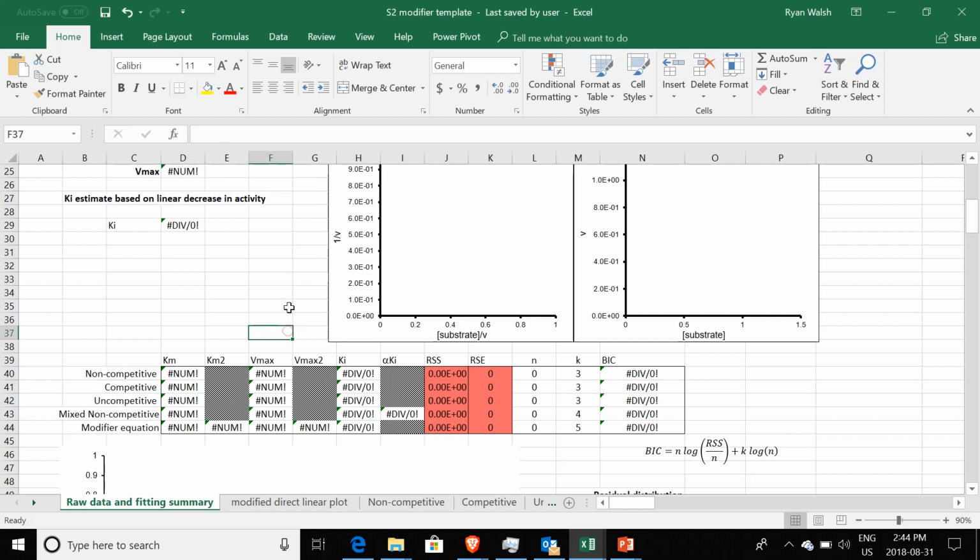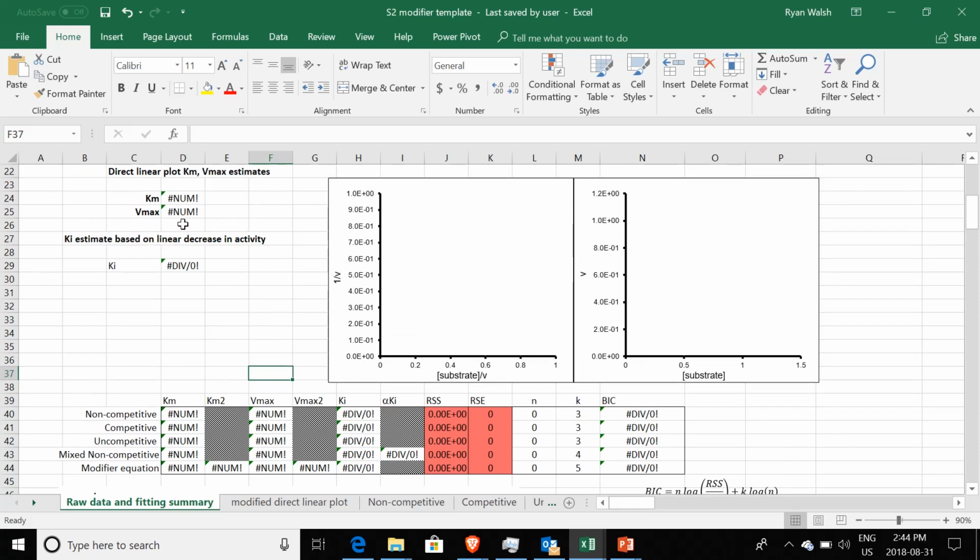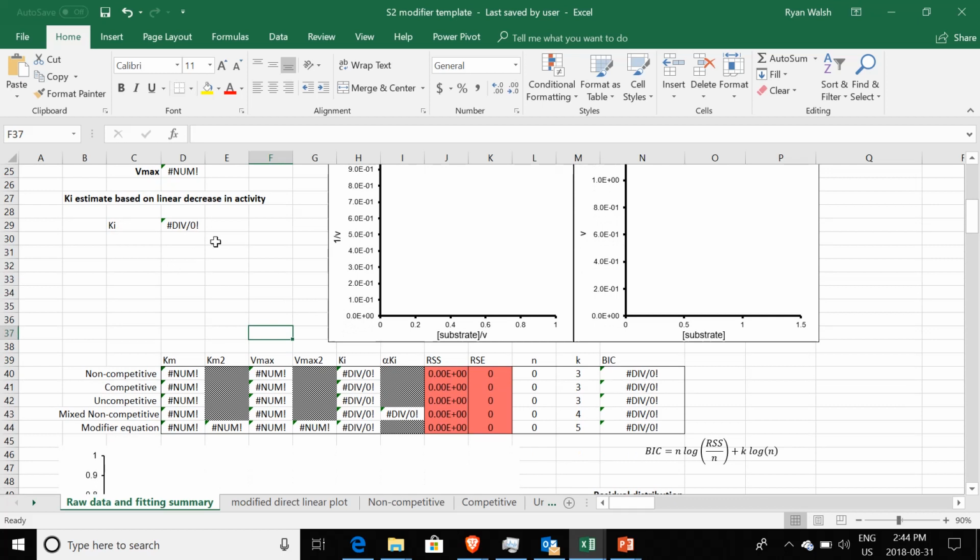All right. So the initial values that will appear here will be the Km and Vmax values from up above, and the Ki value estimated here will appear here, and these are just guesses as to what might possibly happen. They might be completely wrong, and any of these values you can easily just change by hand.